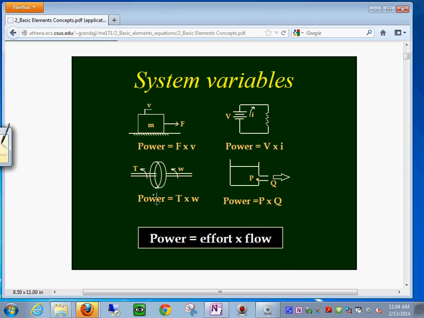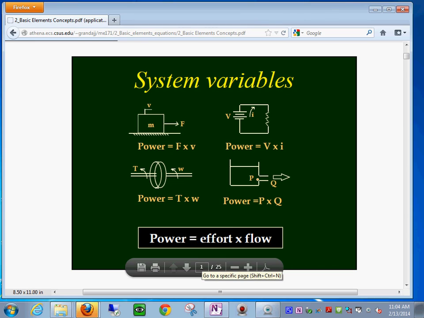So what Paynter is saying is that systems of many different energy domains talk to each other. The power induced in one of these systems is equal to the effort and the flow. So effort is going to become the synonym of force, of torque, or voltage, or pressure.